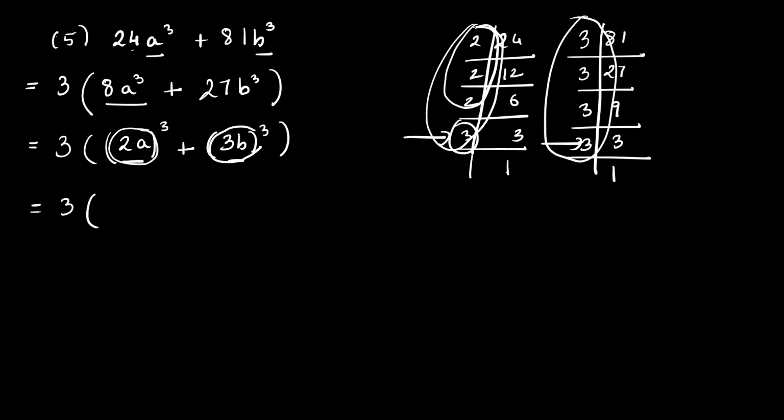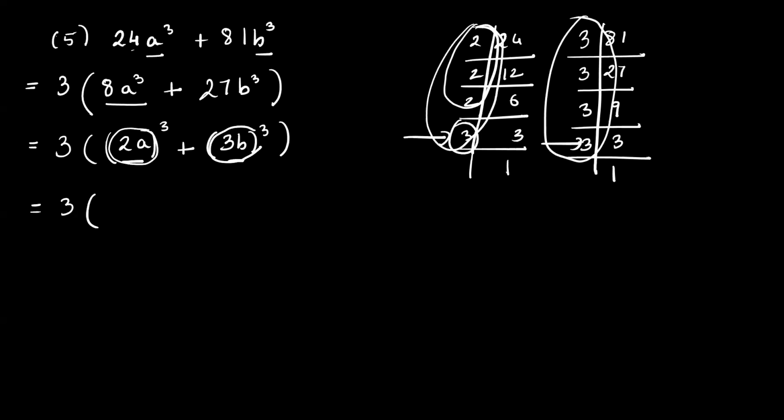Okay, sir. Acha. And now tell me what is a cube plus b cube का formula? A bracket open a plus b bracket close, bracket open a square minus ab plus b square bracket close. Okay.